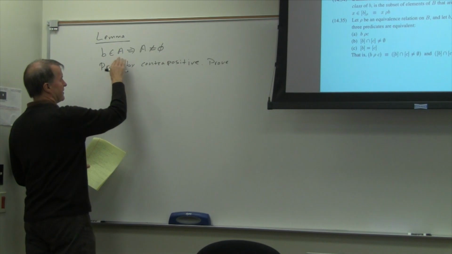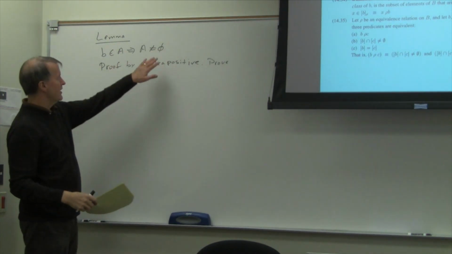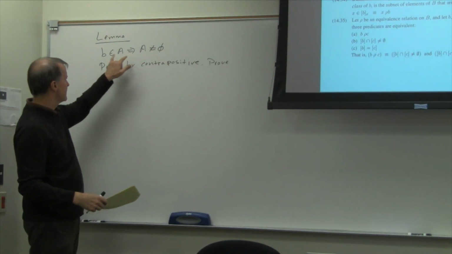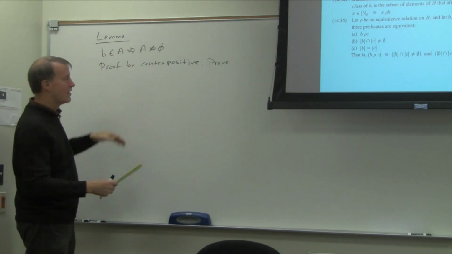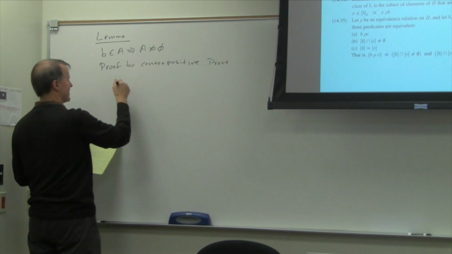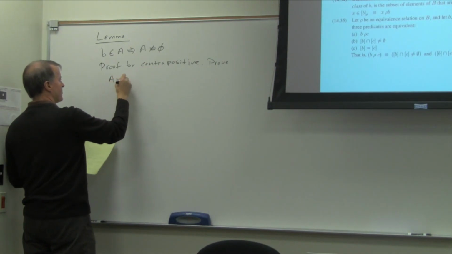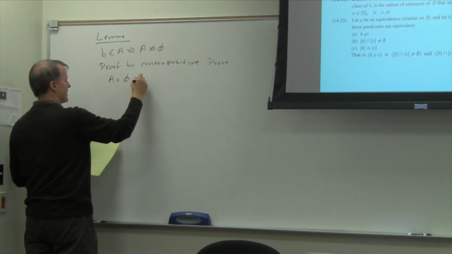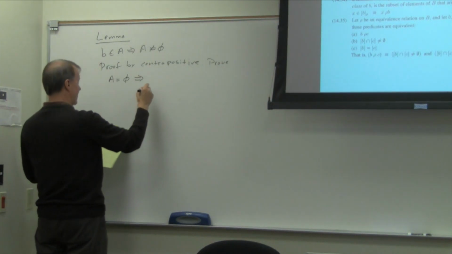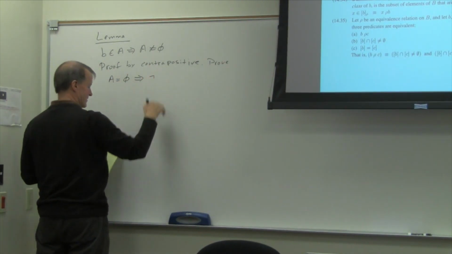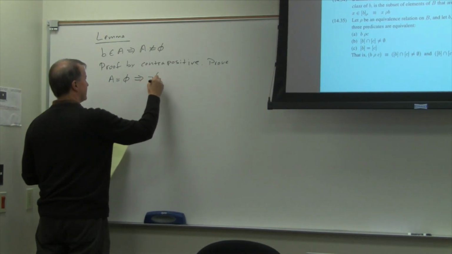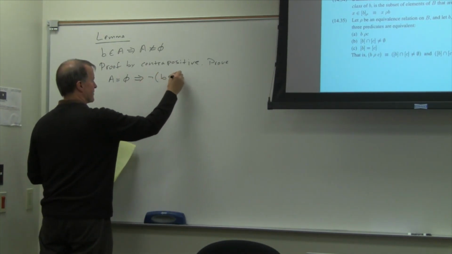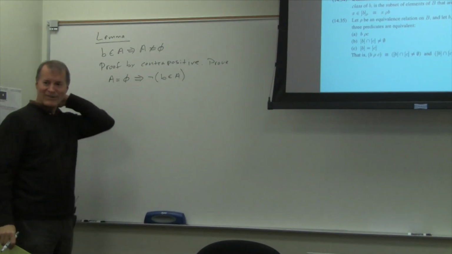Not the consequent implies not the antecedent, right? Not this is A equals the empty set, implies what? B is not an element of A. Are you with me? Oh, this is so good.